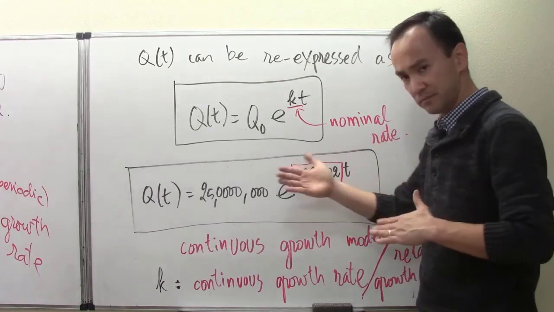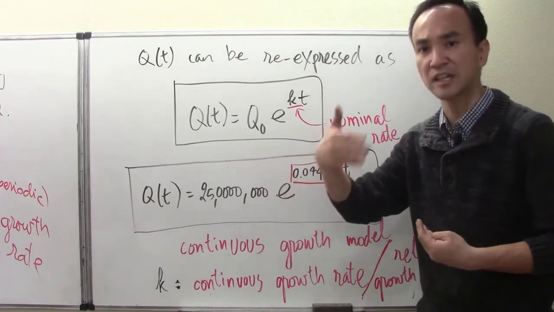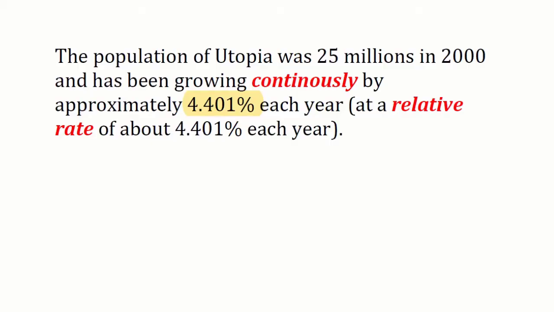So sometimes the wording of the problem directly gives you a continuous rate, like the one we just saw. The same problem could have also been written as: the population was growing continuously by approximately 4.401% each year.